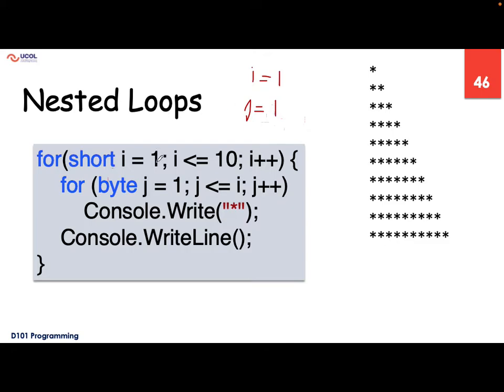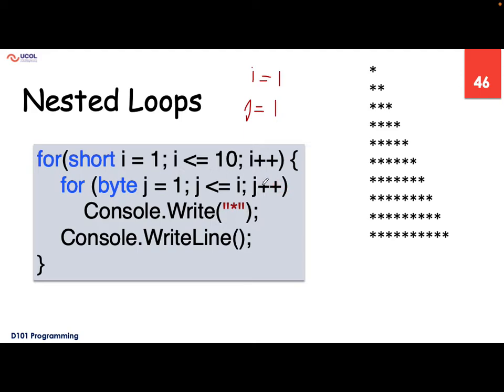We come down here at that particular line, i is equal to 1, i is less than or equal to 10, yes, it is true. Come down here. Now, we have another loop, j is equal to 1, j is less than or equal to i, 1 is less than or equal to 1, yes, it is true. We print 1 star, fine. And this is the body of the inner loop, the inner loop inside. So, once this is finished, it will go back and increase the value of j.